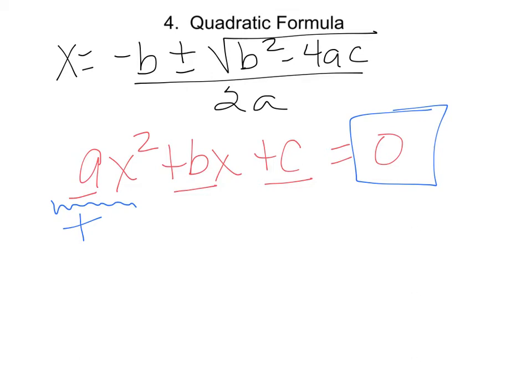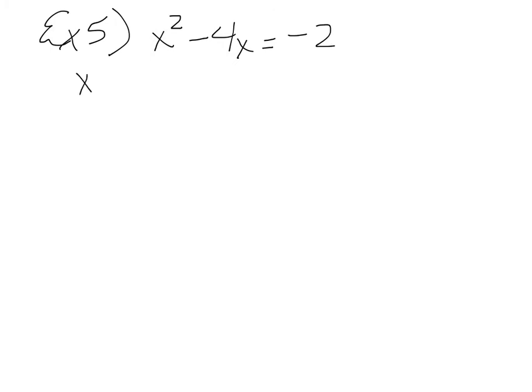Okay, let's try some. Our first example, example 5, is x squared minus 4x is equal to negative 2. Now remember, the first thing we have to do is set this equal to 0. So we really have x squared minus 4x plus 2 equals 0.